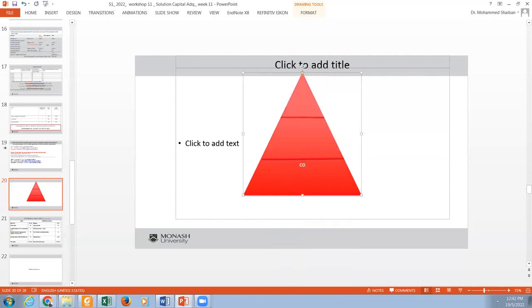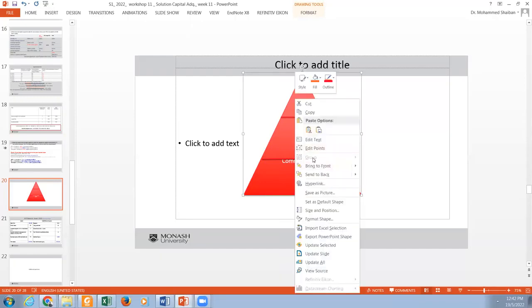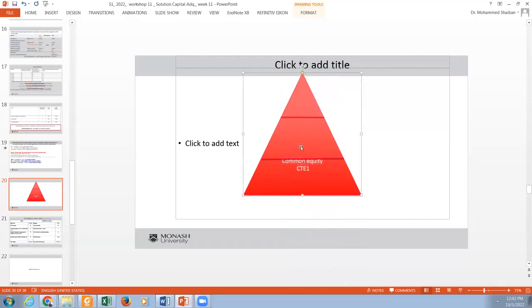This is the common equity, which we call CET1. This is what we call tier 1. This area is tier 1, and this area is tier 2.